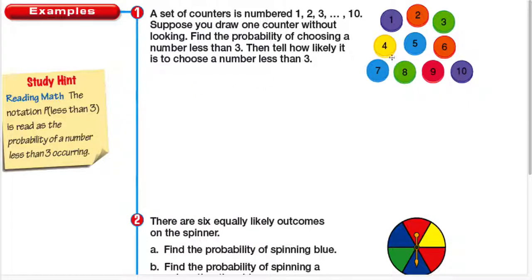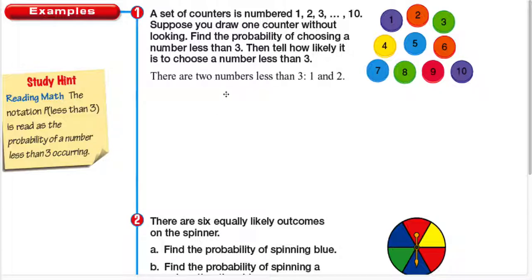If you look at our counters, there are two numbers less than 3, and they are 1 and 2. So basically, there are two numbers less than 3 and 10 possible outcomes.